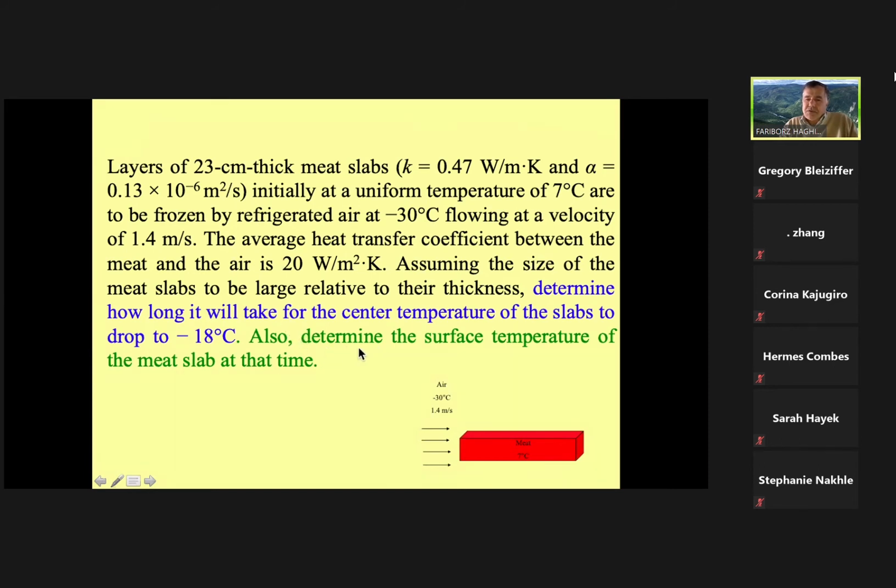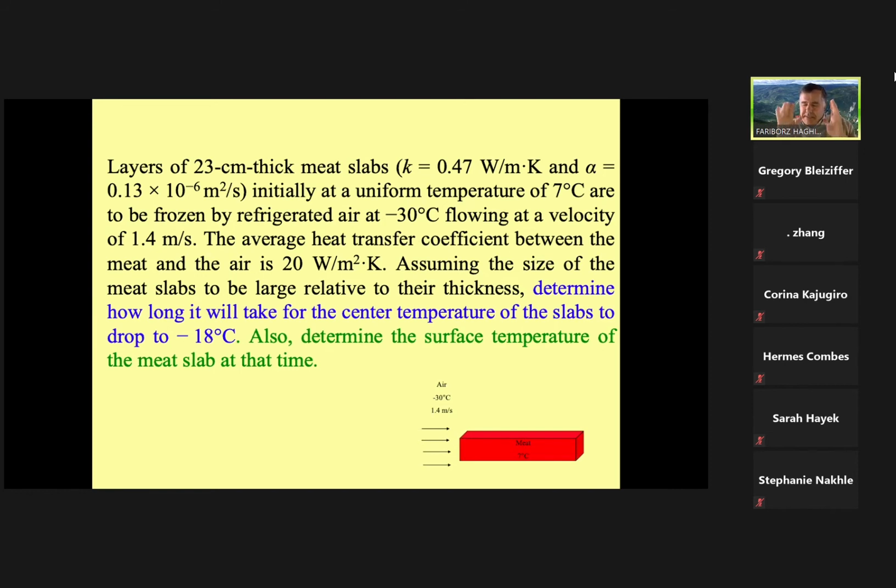And we also mentioned to determine the surface temperature of the meat slab at that time. Now, the center of the meat reaches -18, at 11 centimeters down there. We would like to look at, at that time, what is the temperature at the surface of the meat?